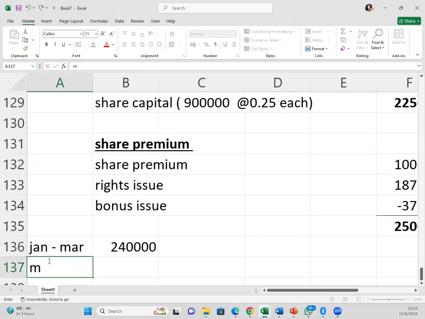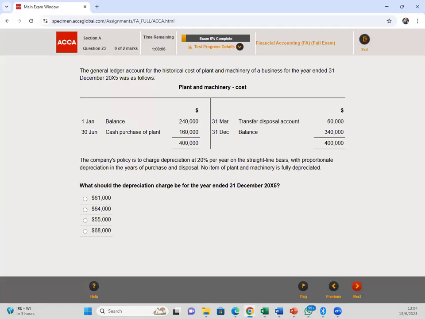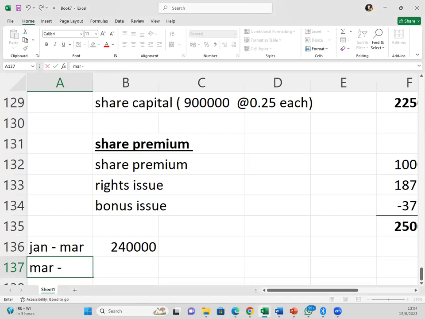Then from March to June, which June was it? When we bought more assets, it was 30 June. So from March, let's call it April because it's the end of March, from April to end of June, we had assets of how much?